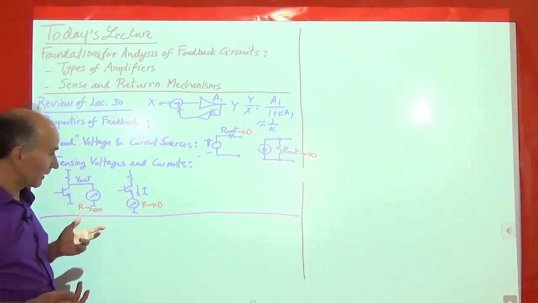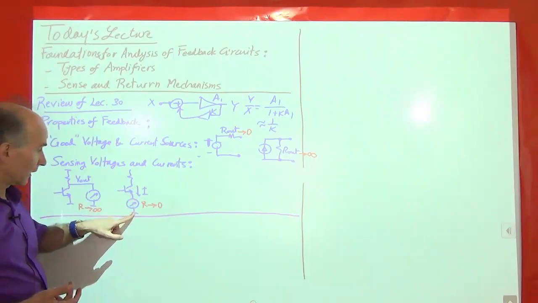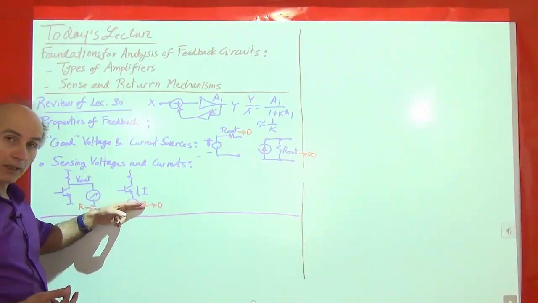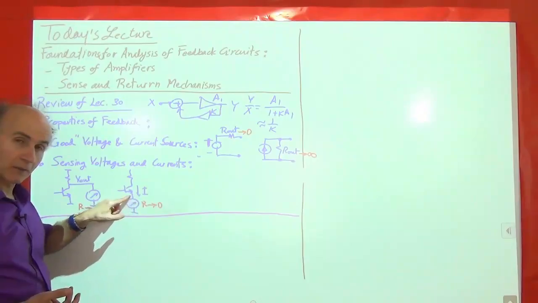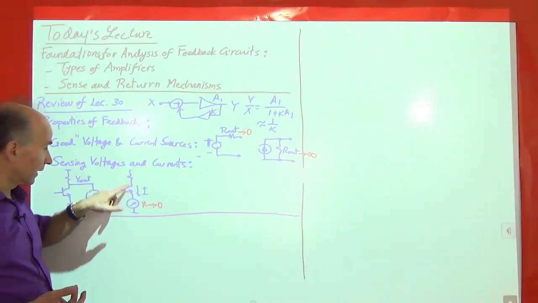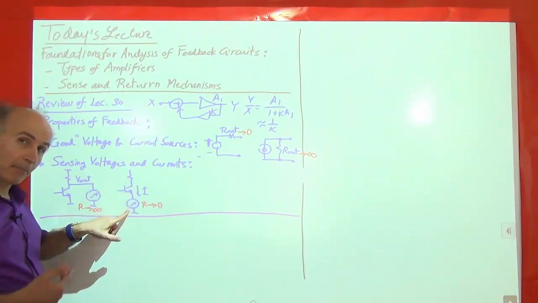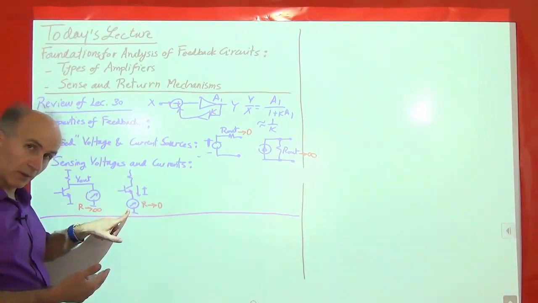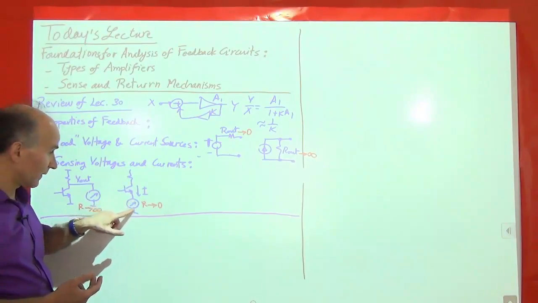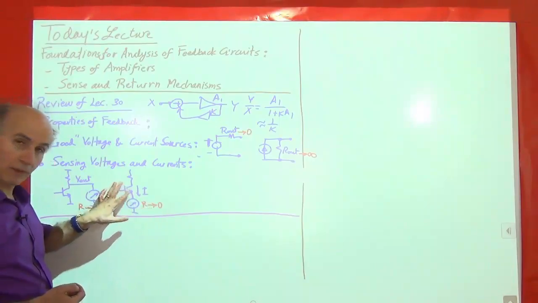For current measurement, suppose I am interested in the current flowing through this transistor to ground. I cut this wire and inserted this current meter in series with this wire. Okay. Now again, I don't want the circuit to know that I have inserted an ammeter in series with the emitter. So the resistance of this ammeter should be close to 0 so that we don't degenerate this device.